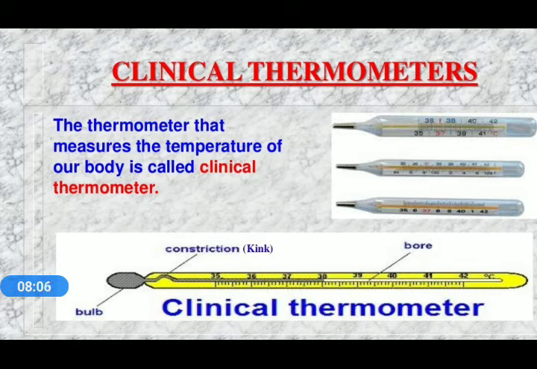You can see in the picture the structure of a clinical thermometer. It has three parts. At the start there is a mercury bulb, then there is a kink. We will discuss how important the kink is. And there is a bore and the measuring scale. That is the basic structure of a clinical thermometer.